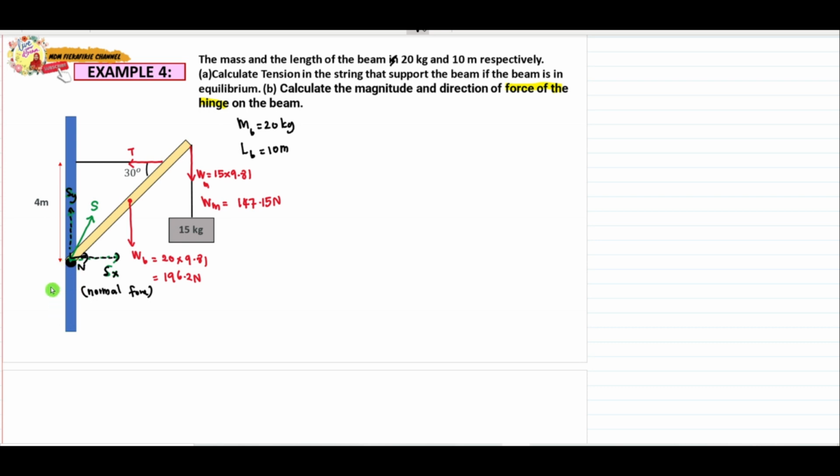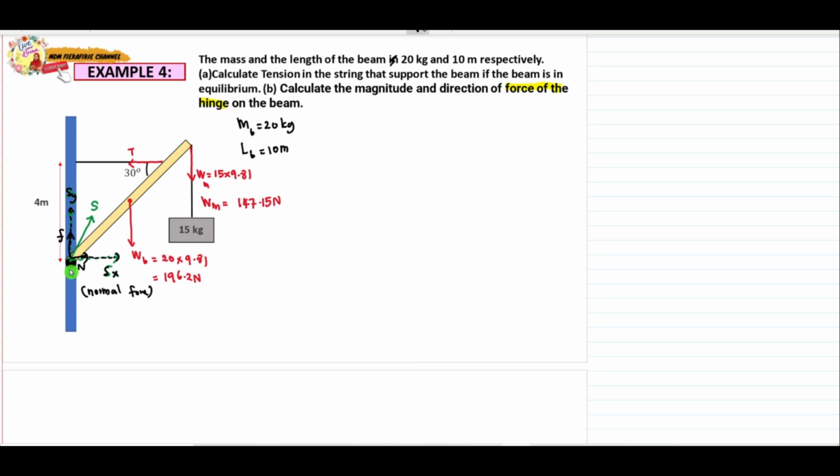So we must consider that there is a frictional force in the upward direction, where the frictional force acts as a supporting force to the system. So the normal force and F, we don't write N and F. We write it as Sx, which is the horizontal supporting force, and Sy, the vertical supporting force.